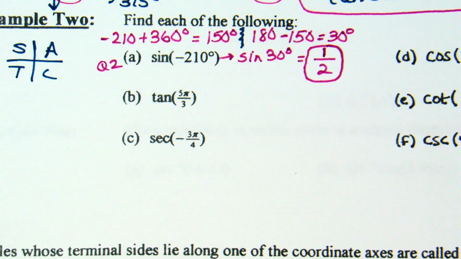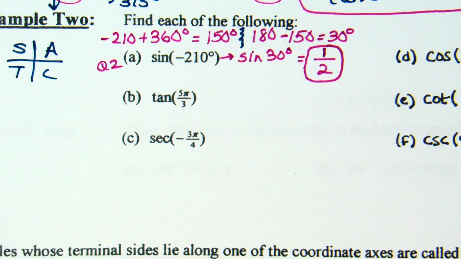So the question becomes, what is the reference angle? How do I find my reference angle? We want to know this distance, right? So I'm going to take 6 pi over 3 and subtract 5 pi over 3.